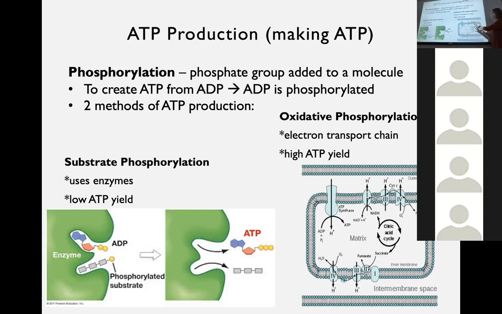This is what we'll be focusing on, which probably looks a little bit intimidating with this down here, but we'll get into that towards the end of respiration. So oxidative phosphorylation involves something called the electron transport chain. It doesn't use an enzyme. The electron transport chain happens way at the end of respiration, and a bunch of ATP is made. It has a really high ATP yield. It's a very efficient way to make a lot of ATP.